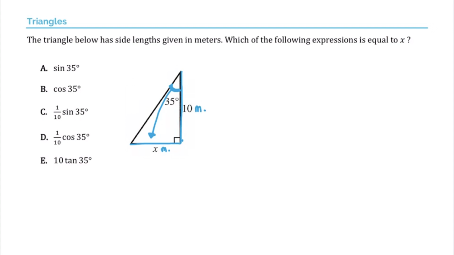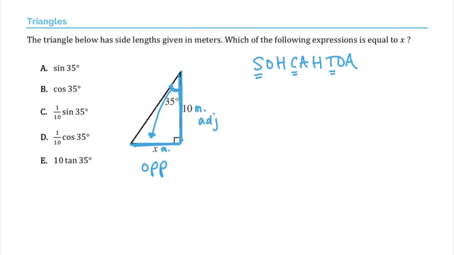So this time when we're solving a right triangle, we are going to use SOH CAH TOA. So the first part here is to know which one do I want to use. Do I want to use sine, which goes with SOH, cosine, which goes with the CAH, or tangent, which goes with the TOA? And the answer is that from our angle, we want opposite, and we have adjacent.